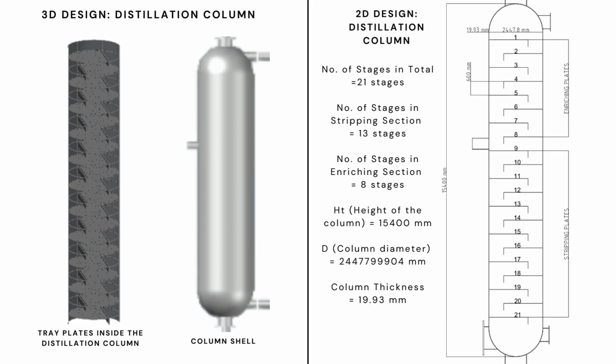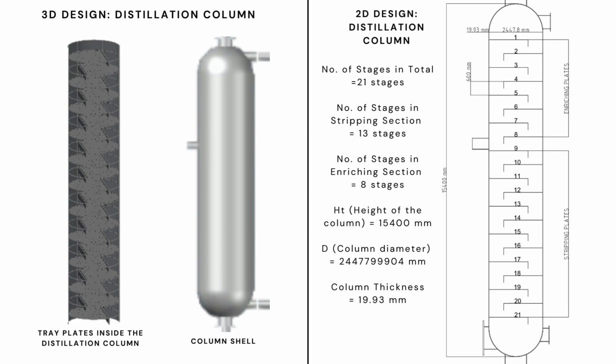In our 2D design of the distillation column, we detailed the overall structure and configuration. The column consists of 21 stages in total, with 13 stages dedicated to the stripping section and 8 stages to the enriching section. The height of the column is 15,400 millimeters, and it has a diameter of 2,447.8 millimeters.